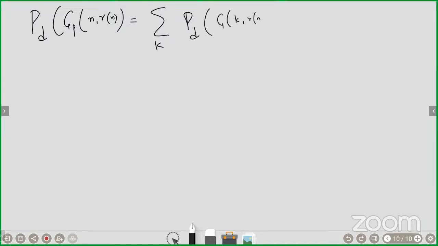What will I do? The probability PD of G of n comma r is PD of G times n to the power k.